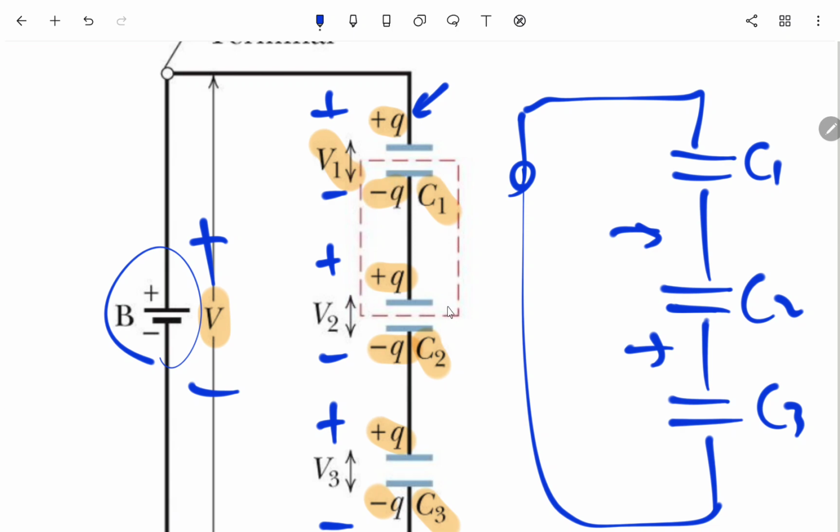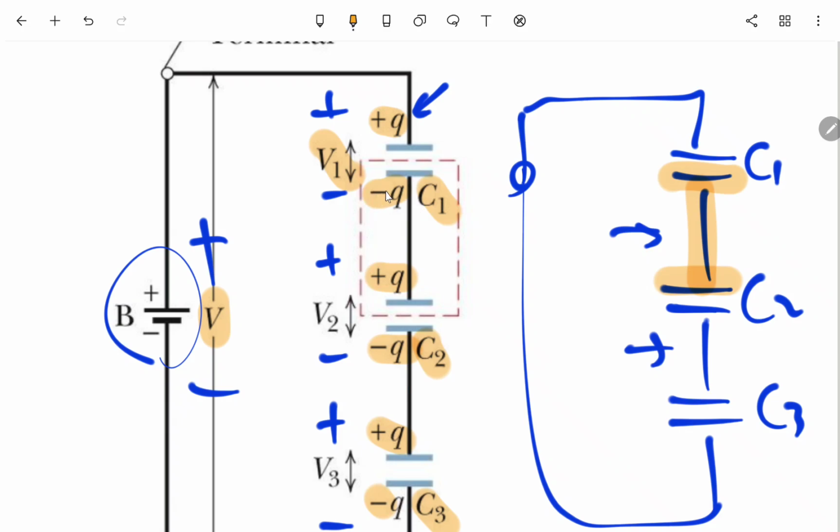But in this part, we don't have any excess charge. The charge cannot go in or out because this part is totally isolated from the outside. There is no charge that can go in or out, so the total charge should remain 0, due to the conservation of charge.